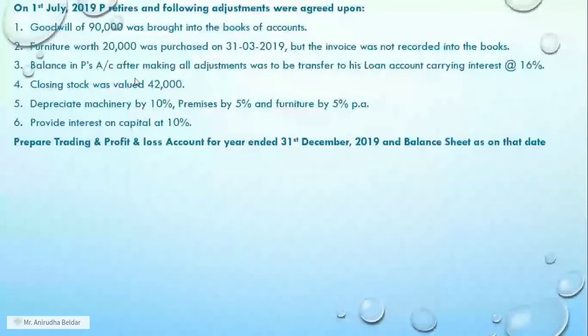Furniture worth 20,000 was purchased on 31st March. Now our assessment year is January to December and we have purchased the furniture on 31st March. So if any depreciation is there, we'll provide depreciation for 9 months only. But now see what the adjustment says: furniture worth rupees 20,000 was purchased on 31st March, but the invoice was not recorded.